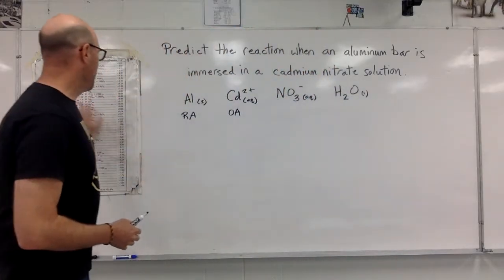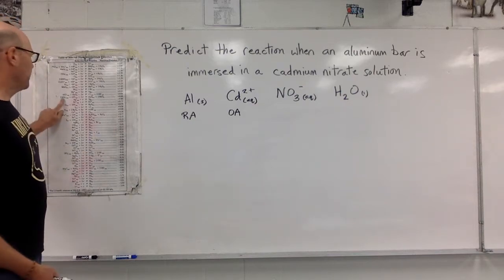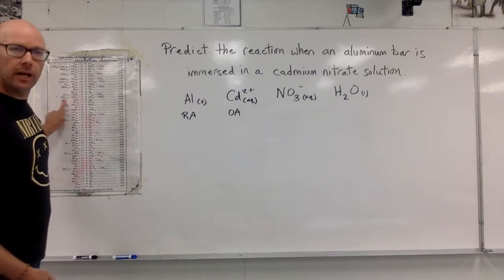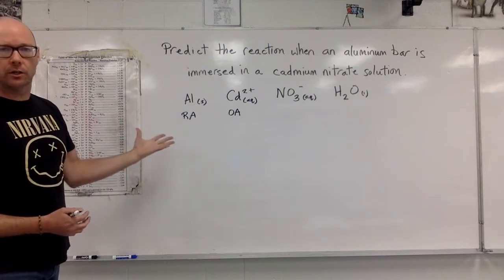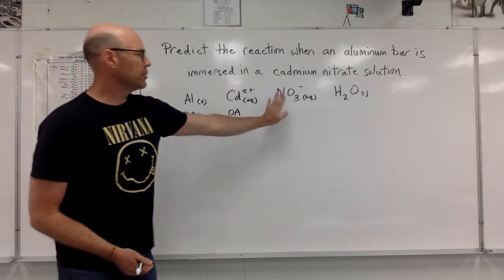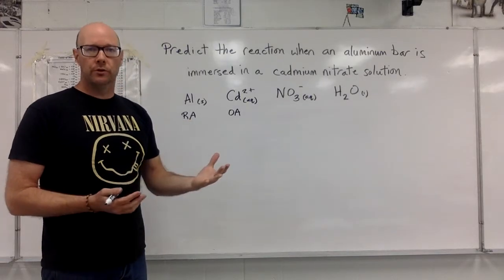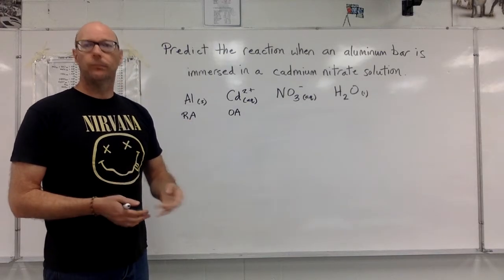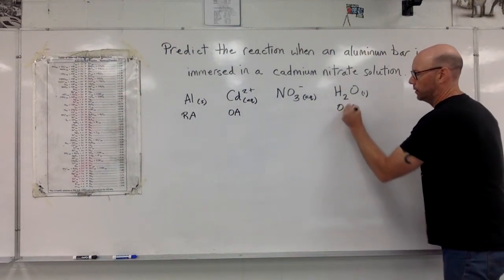Nitrate ions, if I search and search, there is a spot where there's nitrate ions, but it's nitrate ions in combination with hydrogen ions. We don't have hydrogen ions here in the question. So nitrate ions alone are neither an oxidizing nor a reducing agent. They're nothing on their own. Water is both.